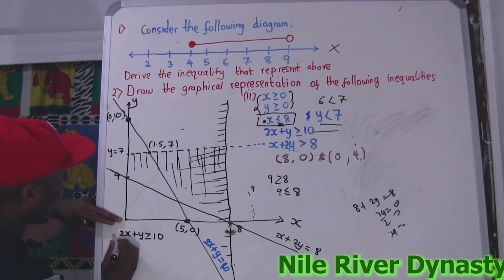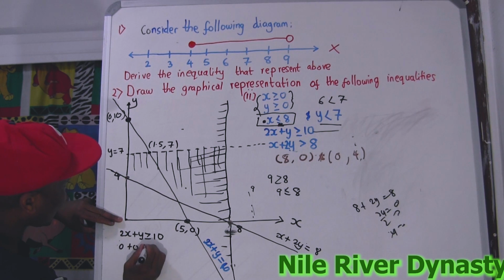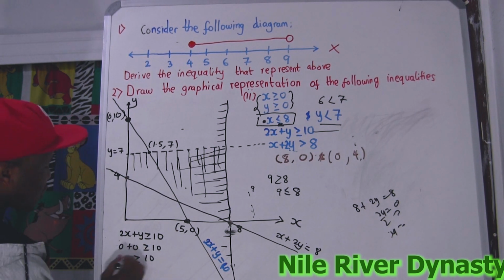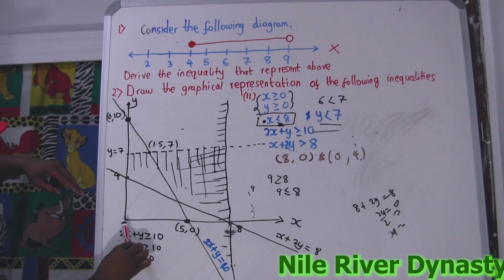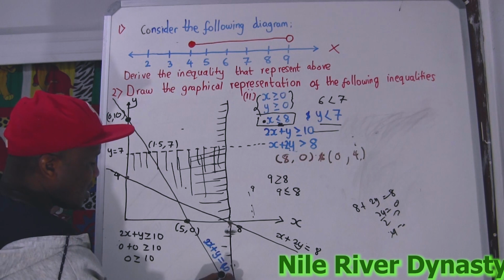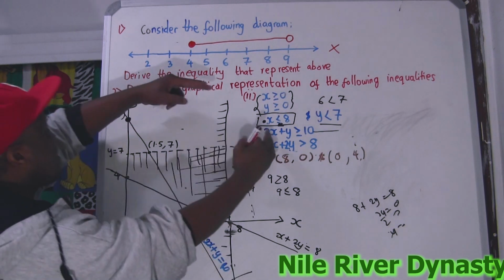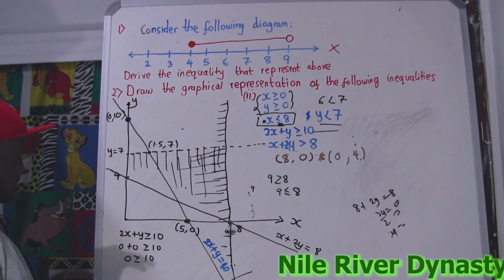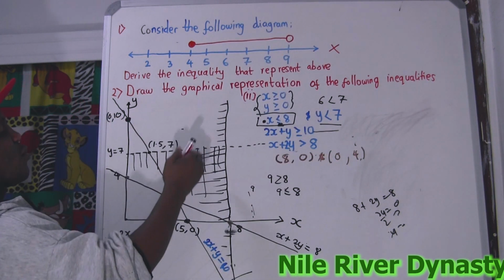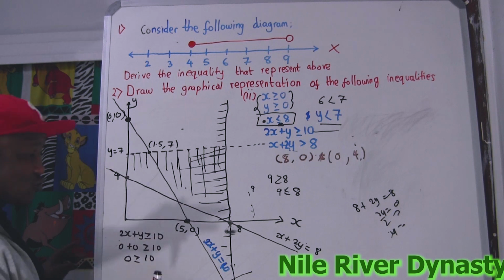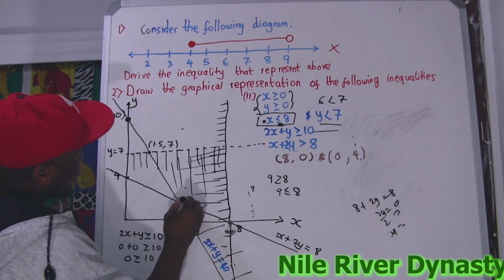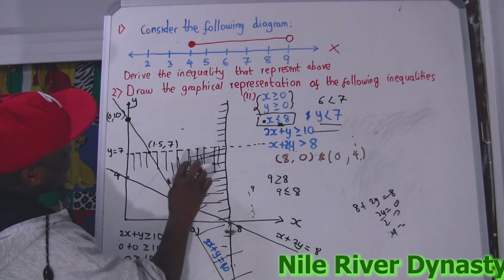This line is 2x plus y greater than or equal to 10. So 2 times 0 equals 0, plus 0. Is it greater than or equal to 10? No, it's not true. 0 is not bigger than or equal to 10. So we don't shade this, we shade the opposite, which must be true. If this is not true, shade the opposite direction. You don't have to test the other one, it's going to be true, obvious. So we don't shade this one, we shade the opposite. You see now? So this is the feasible region, because all of them intersect here.